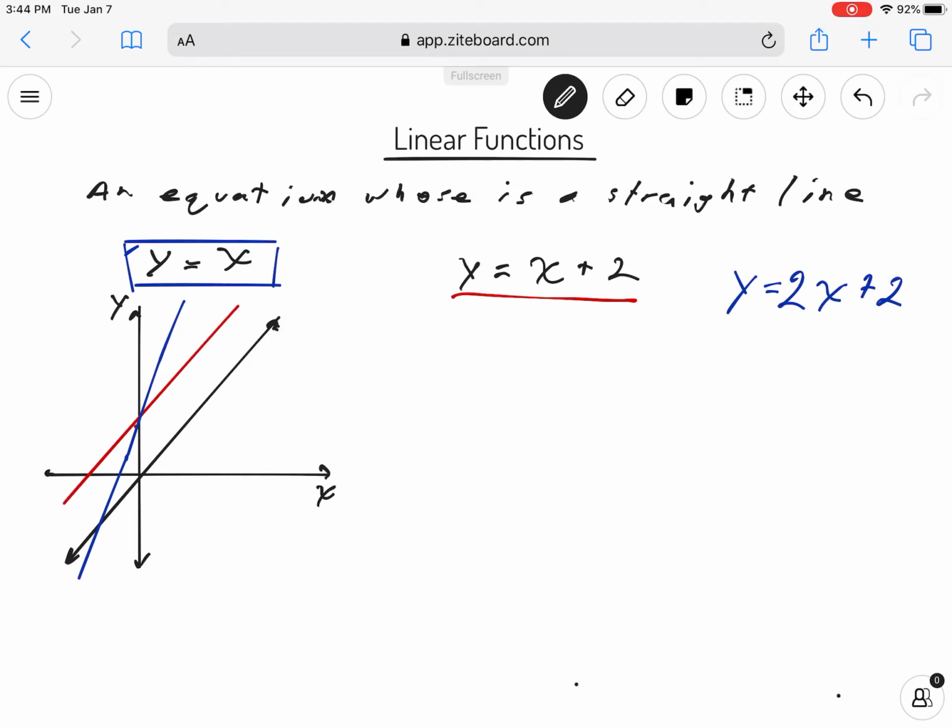And in the book, it says it will ask you to find solutions for an equation. And really, I'm going to change the terminology. Instead of saying finding solutions, I'm going to say evaluate.